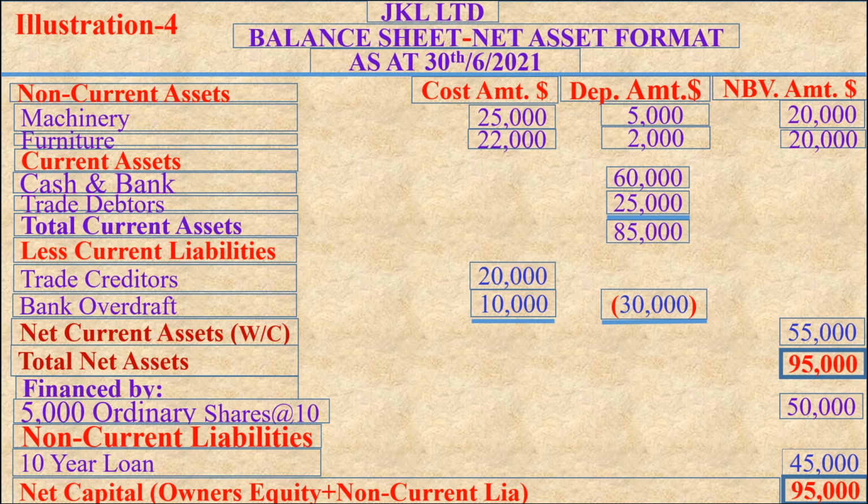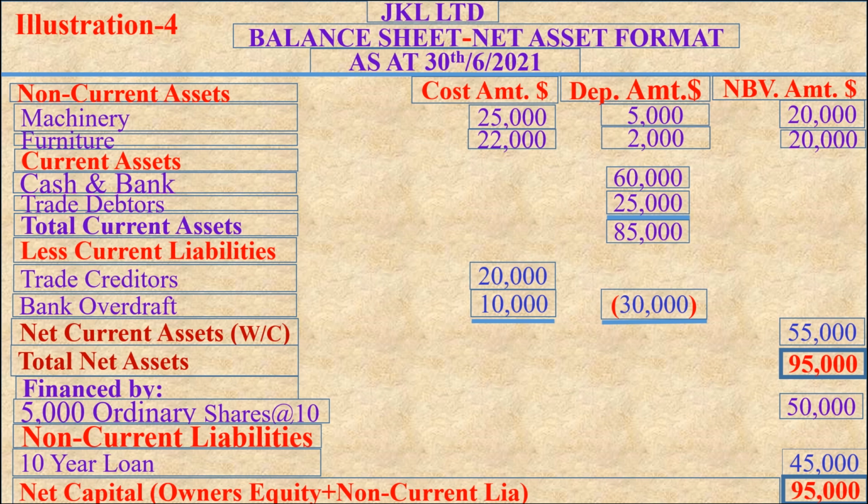So when we are recording, we start with the non-current asset items, like machinery in our case here, where we have got 25,000 with the cumulative depreciation of 5,000, which gives us a net of 20,000. Then furniture amounting to 22,000, then cumulative depreciation of 2,000, which gives us 20,000.